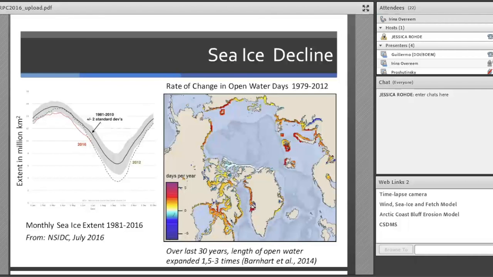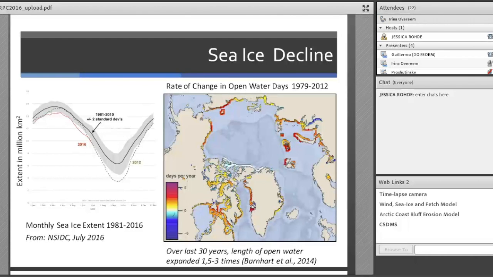There's a dotted line on here that shows how dramatic and low the sea ice year of 2012 was, and that we are pretty much on track, or in wintertime even worse, in 2016. So we'll see how that pans out over this summer until the September minimum.